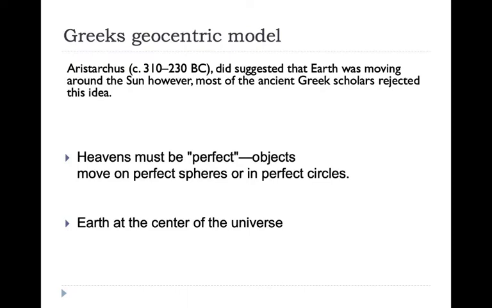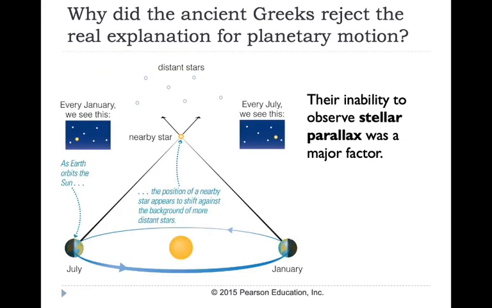But even here early on in about 310 to 230 BC, with Aristarchus here, he had suggested that the Earth was moving around the sun, so that there was a heliocentric model here. And so one of the reasons that they did not believe that the Earth was moving around the sun is this idea of stellar parallax.